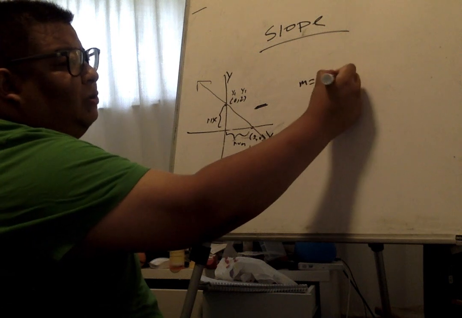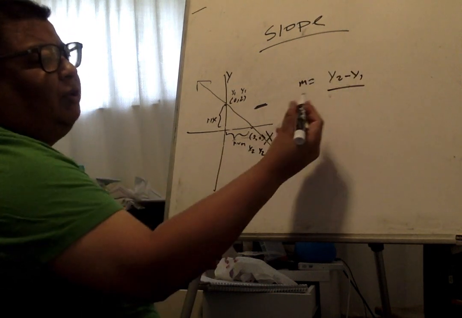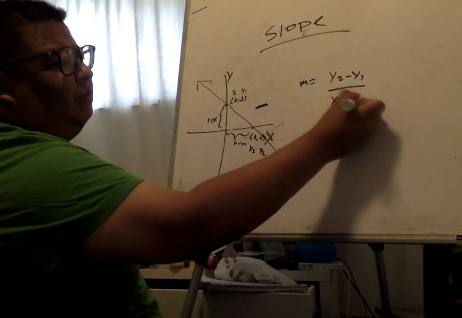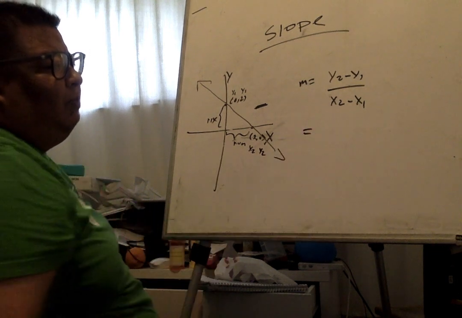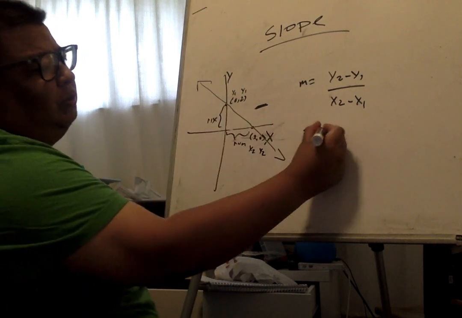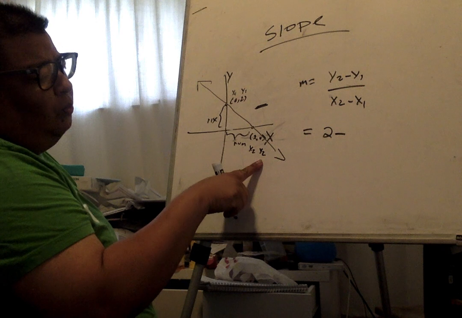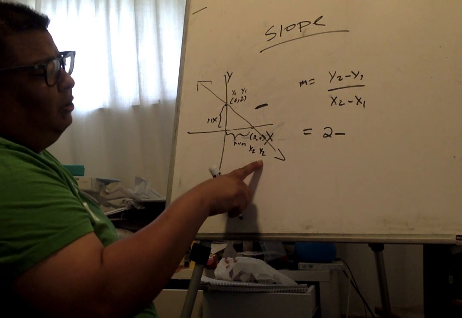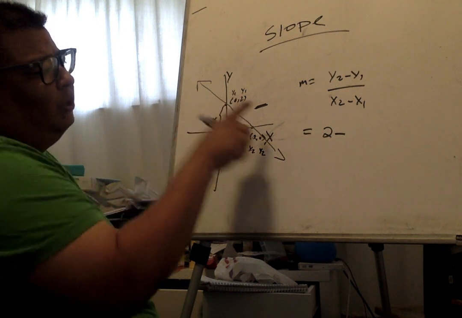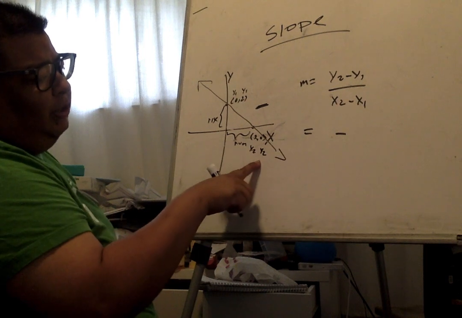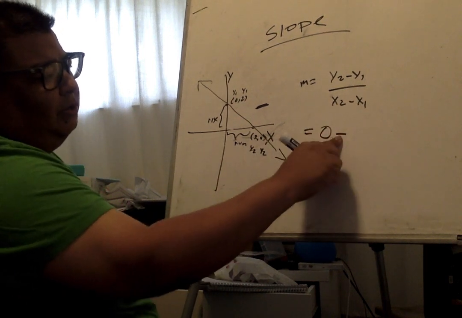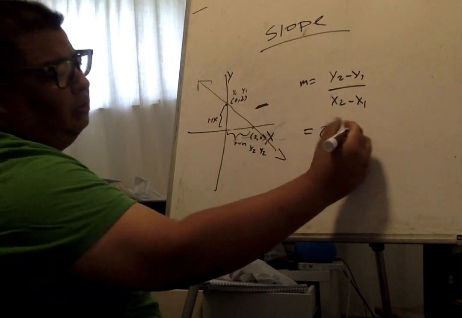So we have y2 minus y1. I recommend you always write the formula so you remember it. So y2 is here, is 2, minus, I'm sorry, y2 is not here, this is y1. So y2 is here, so that would be 0 minus 2.